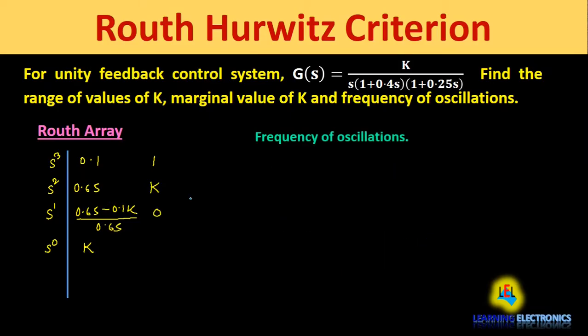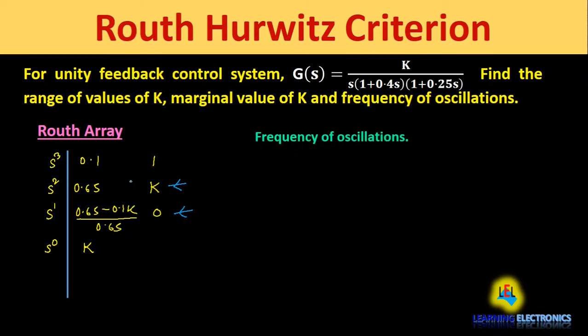Now we have to find out the frequency of oscillations, and we know that the frequency of oscillation is always found out from the row above the row of zeros, because we have already made this row a row of zeros for making the system marginally stable. So we will take the row above this row of zeros for finding out the frequency of sustained oscillations.